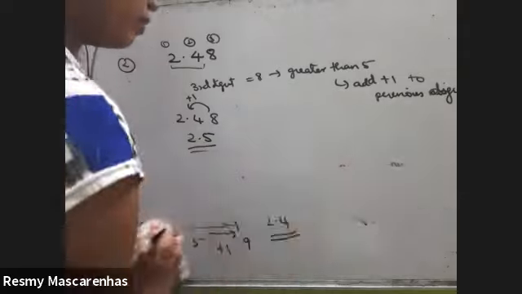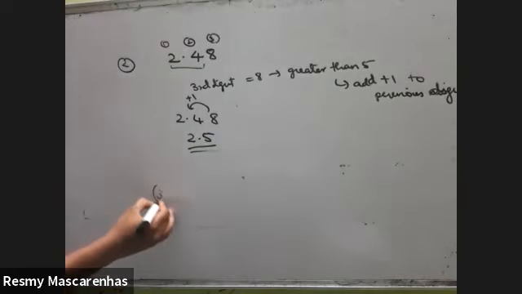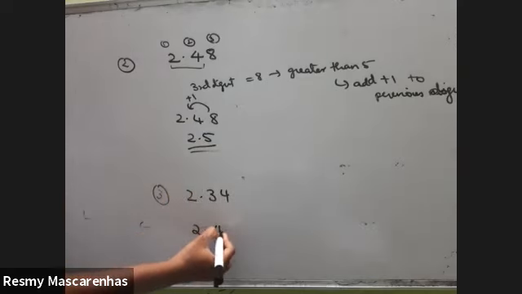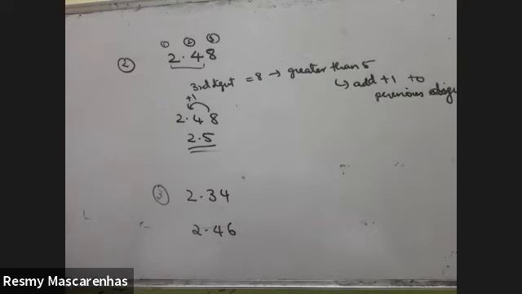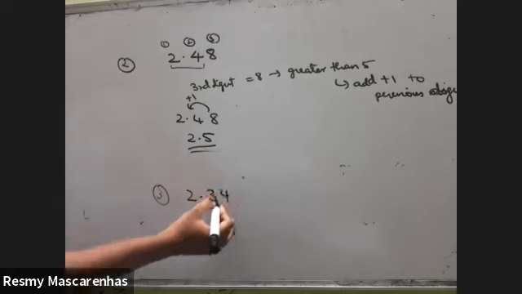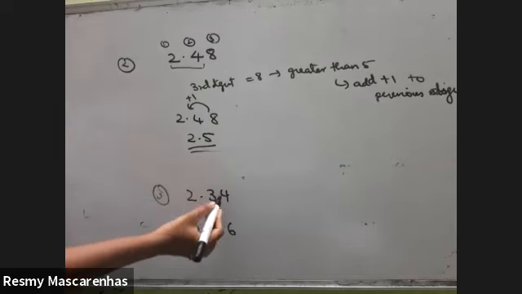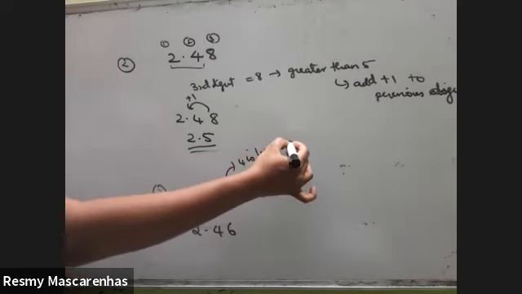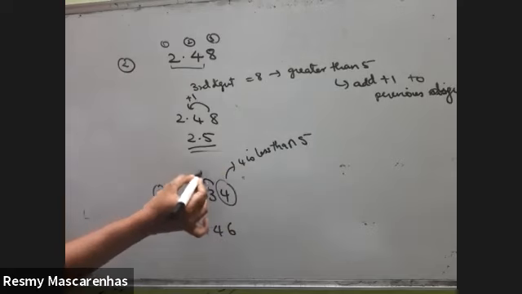Now quickly tell me what will be the answer of this. 2.4 and 2.5. How 2.4? Check this now. I want to round off to 2 digits only. 4 is less than 5, so I have to add plus 0 to this.